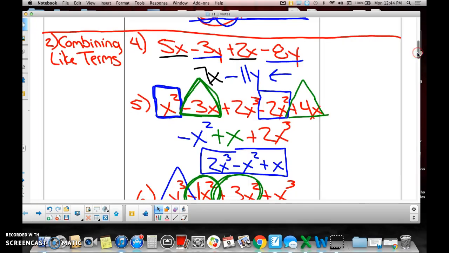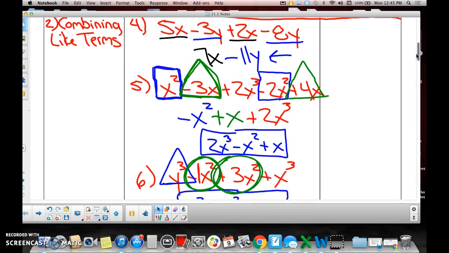If you look at number 5, we were dealing with different terms that have exponents. Please remember that if you have an exponent, like x squared, it can only be combined with another x variable with an exponent that is squared. You can't combine things that are squared with things that are cubed, or things that are squared with things that don't have any exponent or have an exponent of 1.